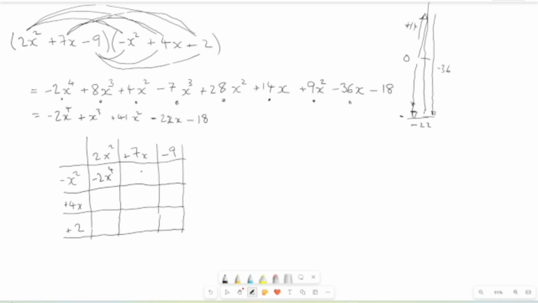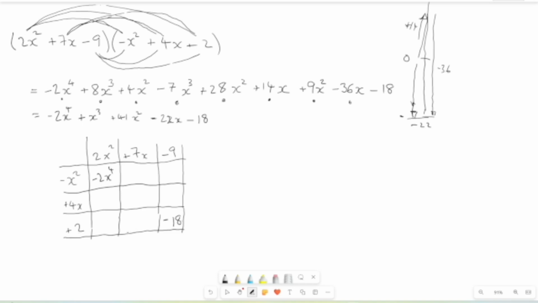This cell here is plus 7x. Well, it doesn't matter what order we do these in. Let's just break it up and do something a little bit different. Let's do this plus 2 times this minus 9. So I'm working in this cell. A plus times a minus gives me a minus. 2 times 9 is 18.